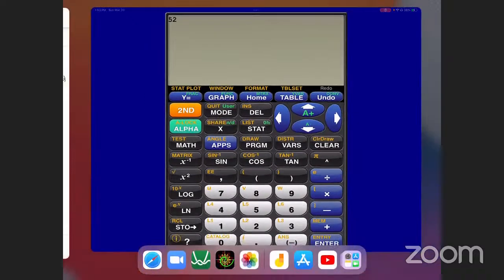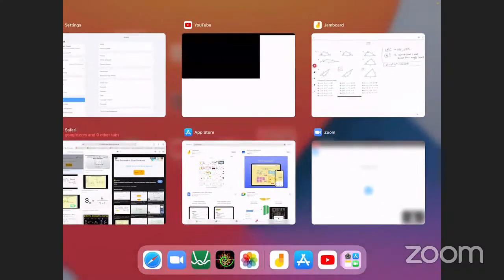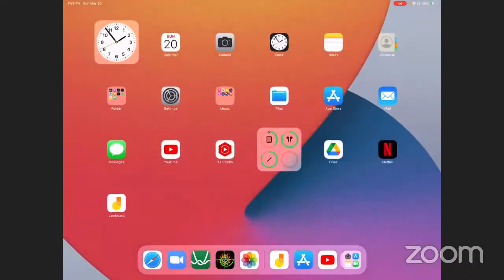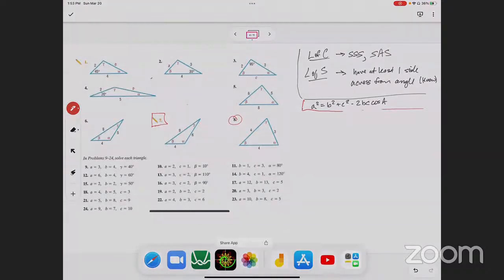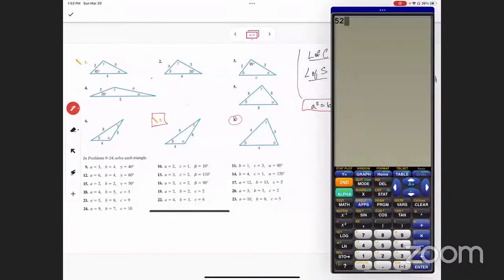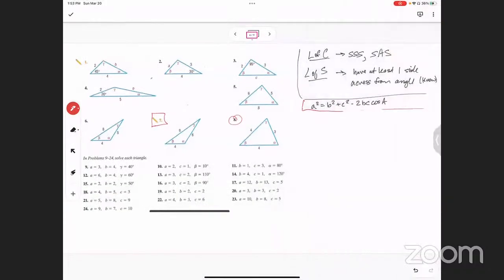So we're solving for, we can solve for angle A first. Sorry, it kind of glitched on my screen. Okay. Do you see it now? Yeah.